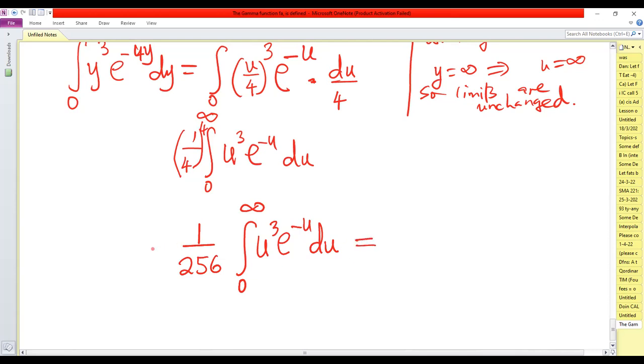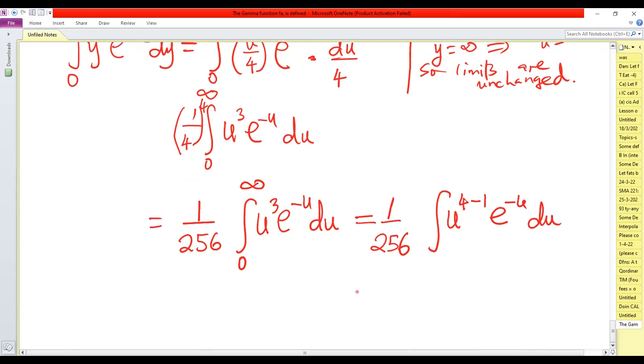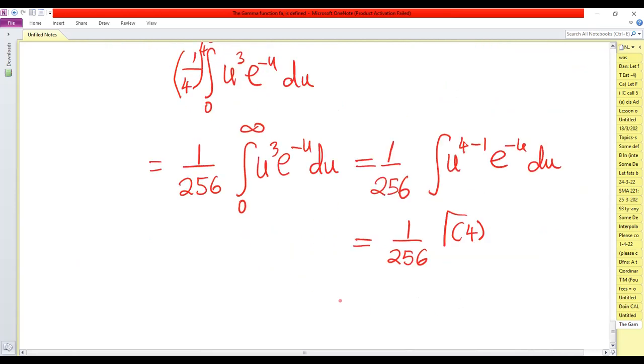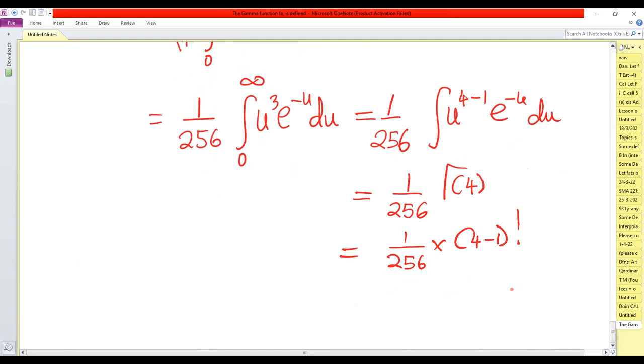So this is the same as 1 over 256 times the integral of u raised to power 4 minus 1 e raised to power minus u du, which is 1 over 256 times the definition of gamma of 4. Now gamma of 4 is the same as 4 minus 1 factorial. 4 minus 1 is 3.